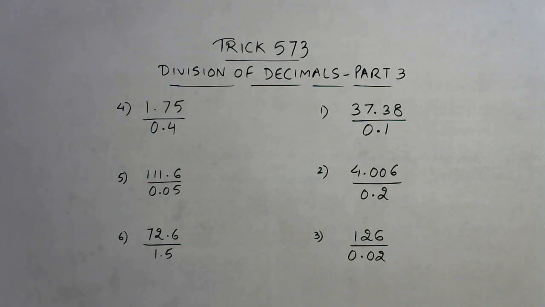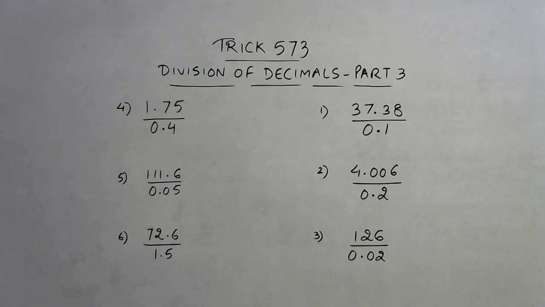You can see here that the denominator in the first problem is 0.1. Very easy, and it hardly takes 2 to 3 seconds to get to the answer. Likewise, in the second problem the denominator changes to 0.2.